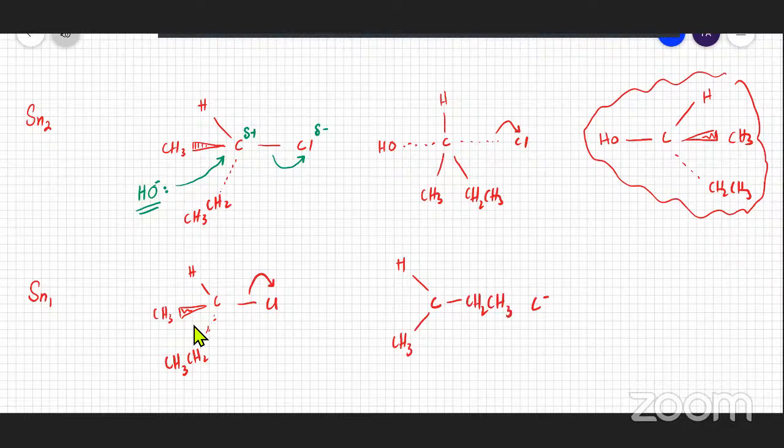All the 3 bonds would try to be as far away from each other as possible, and this carbon would be positively charged. Now in the next step, the OH minus one comes in. It could come in from the bottom, or it could attack from the top. So no matter which side it comes from, it's going to result in 2 different optical isomers. So yeah, is that clear? Yes, sir.